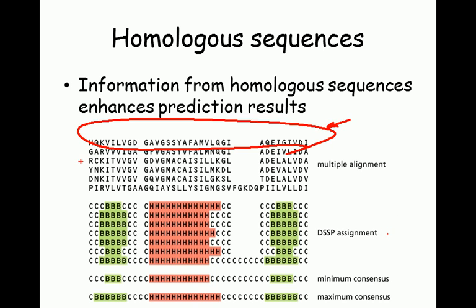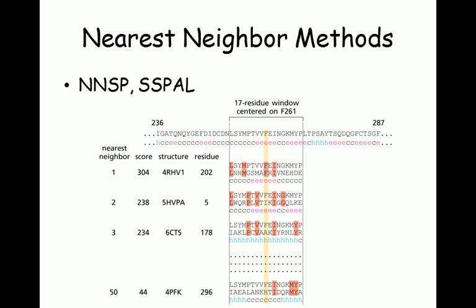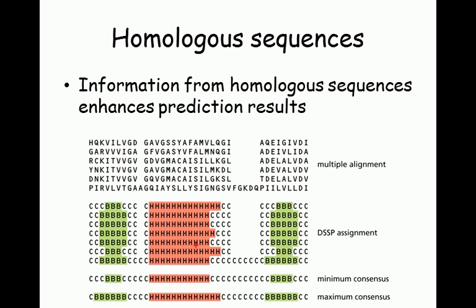And then you would do, let's say, prediction on all of these, and you can look at the consensus secondary structure. So the prediction will now involve, in addition to predicting your sequence of interest, you will also go get other sequences that are similar to it and make predictions on them also, and then see the consensus.